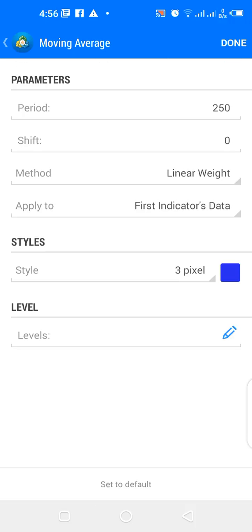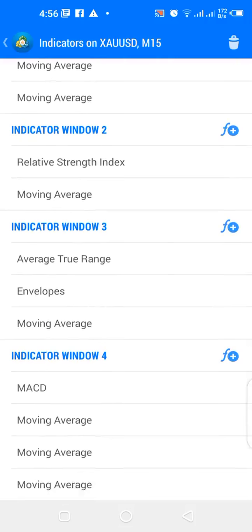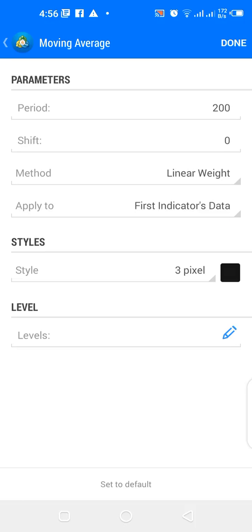Then we have a moving average, 250 period, method linear weighted, applied to first indicator's data, and the color is blue. The next is a 200 period moving average.